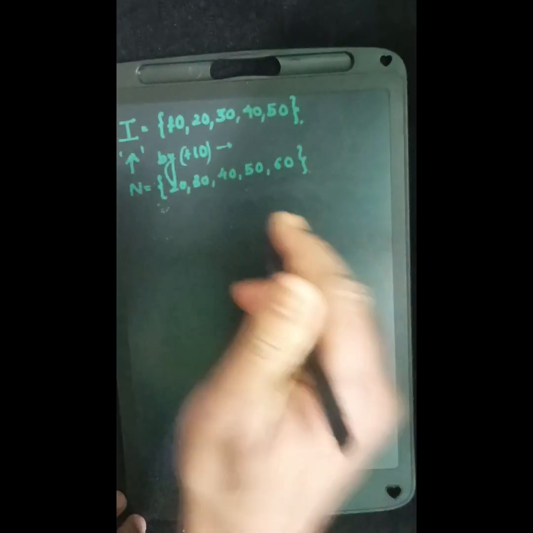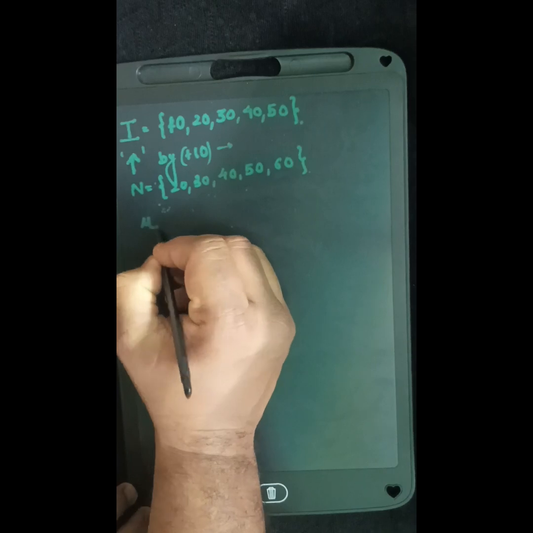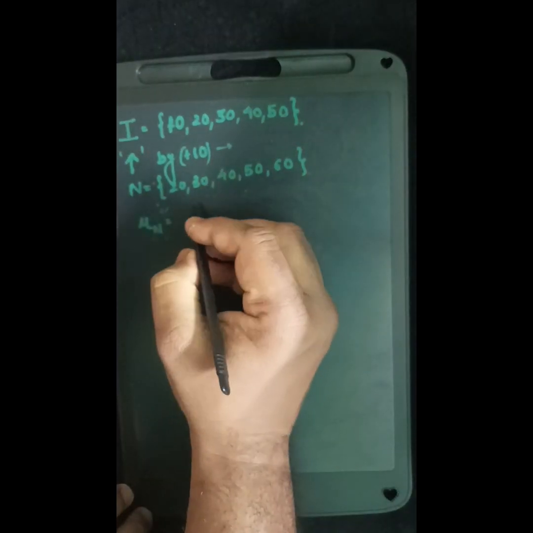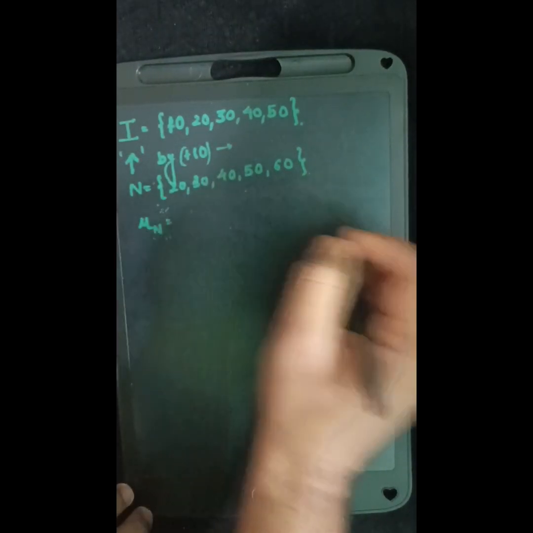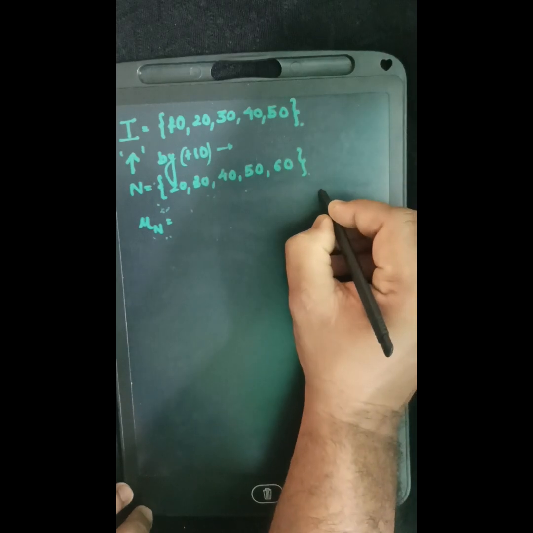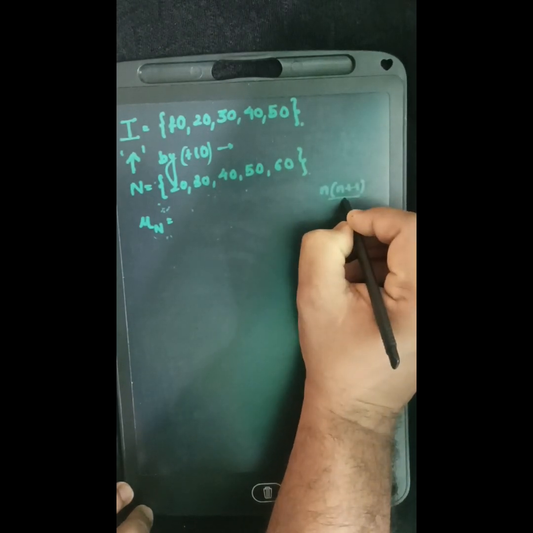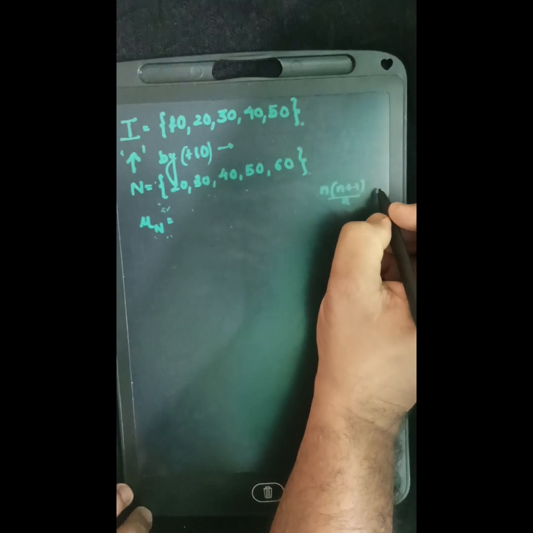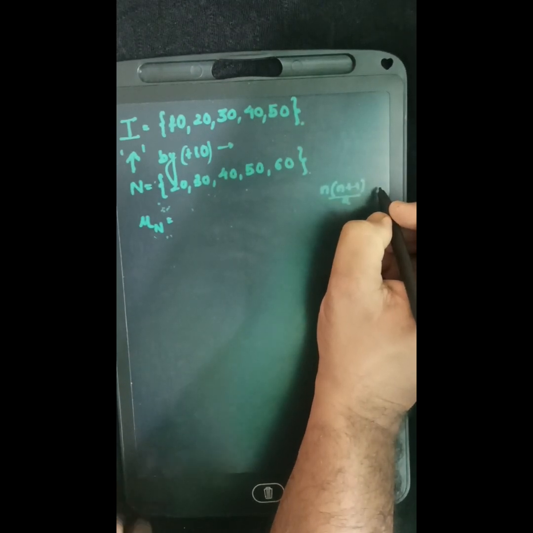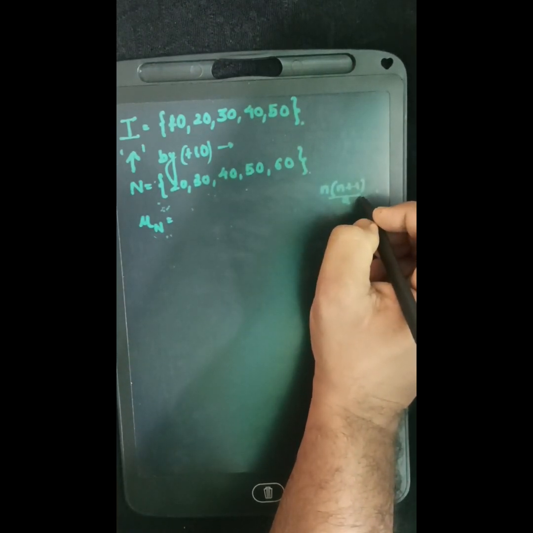So now let's check what the mean would become. The mean would again be calculated by adding these values. You may also know the formula n into n plus 1 by 2, which is basically the formula for the sum of the first n natural numbers.